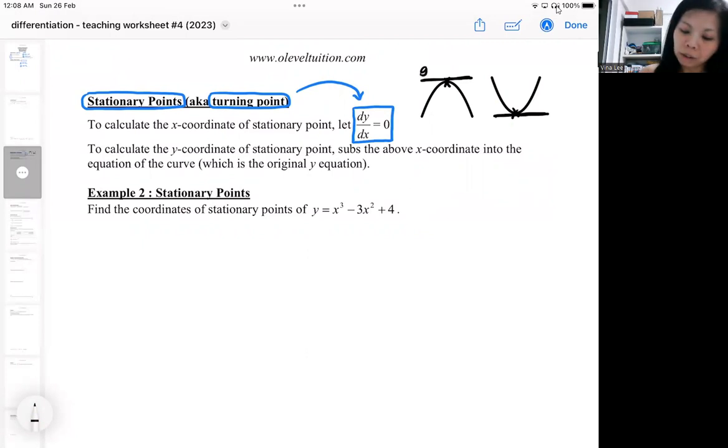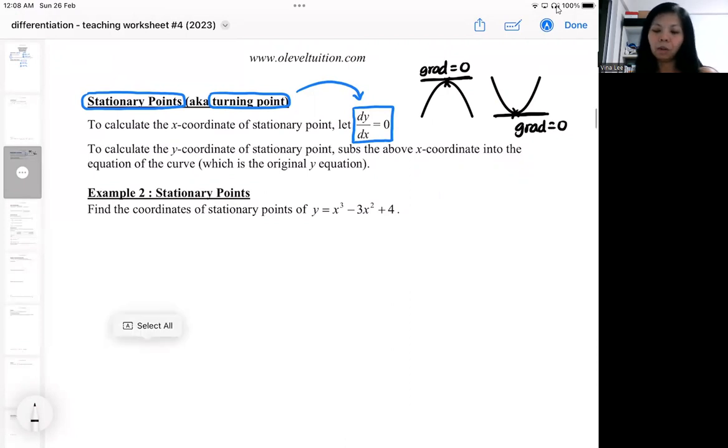That means the gradient is 0. So if your tangent is horizontal, that means the gradient is 0. And don't forget, when you were learning tangent and normal, you realized that dy dx represents gradient. So that's why it all boils down to dy dx equal to 0 if you would like to be finding the coordinates of the stationary point.